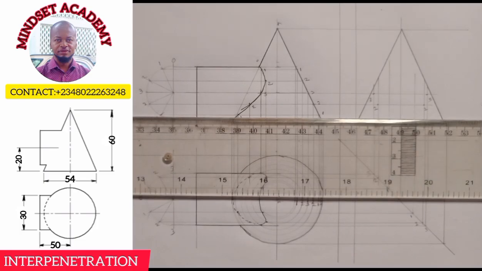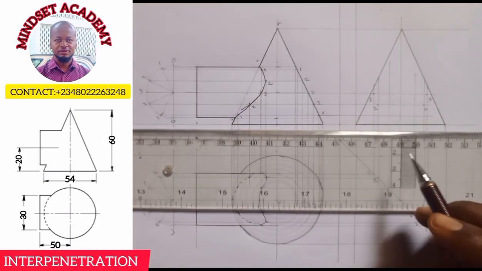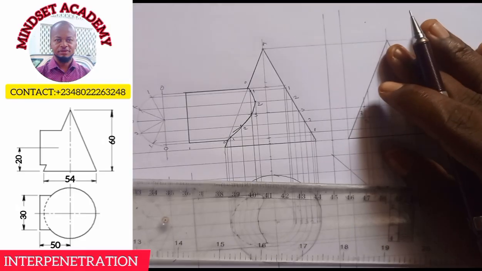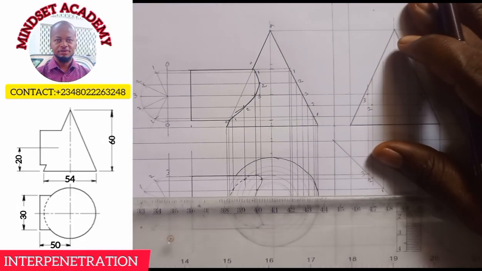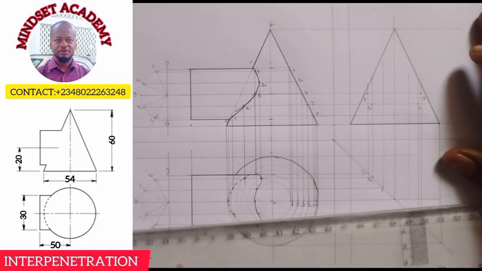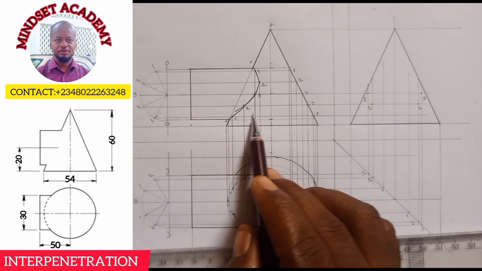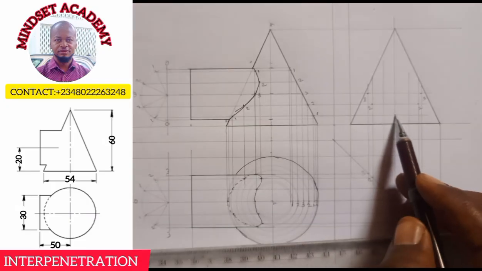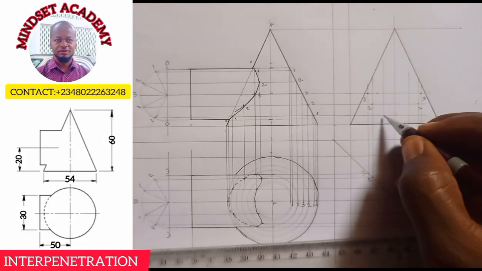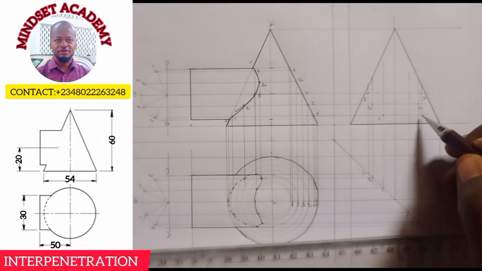So I come here, I extend the line of 1, right? So this is 1 here, meeting 1 here, and this is also 1 here also.